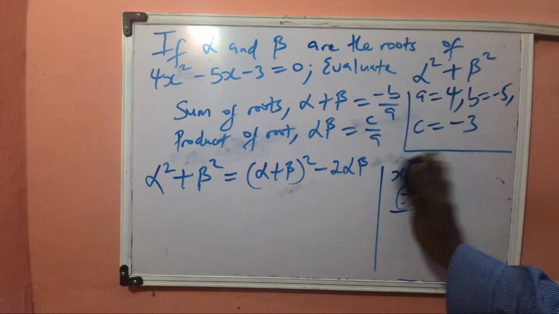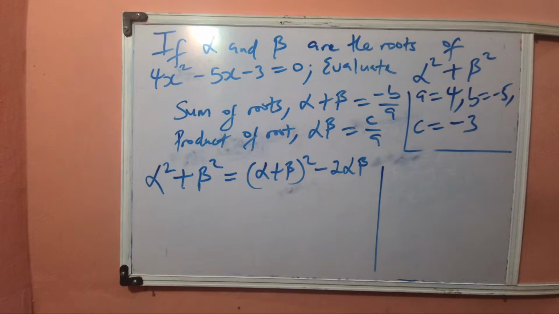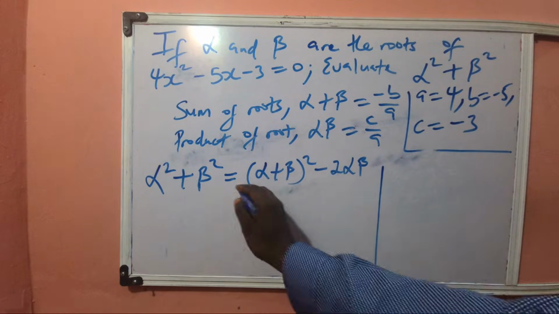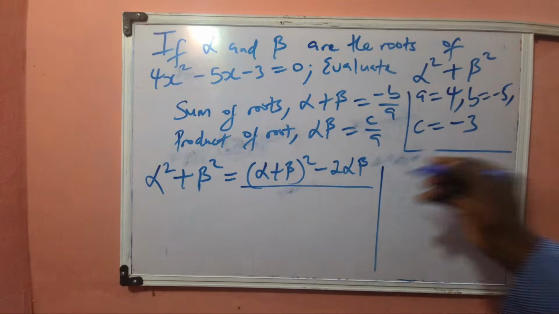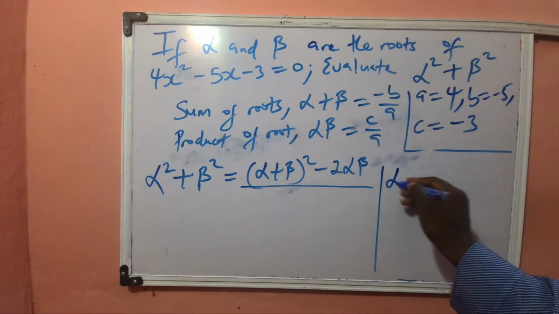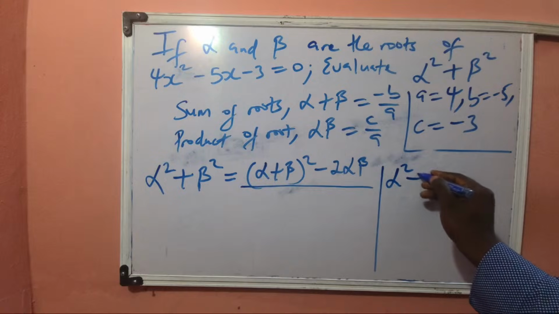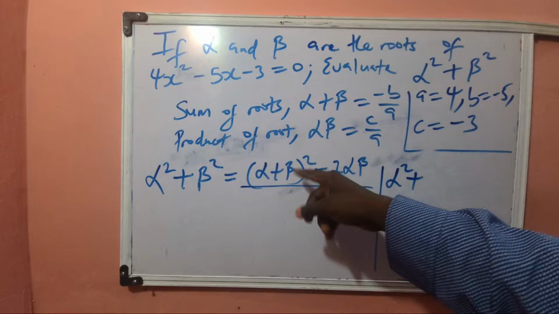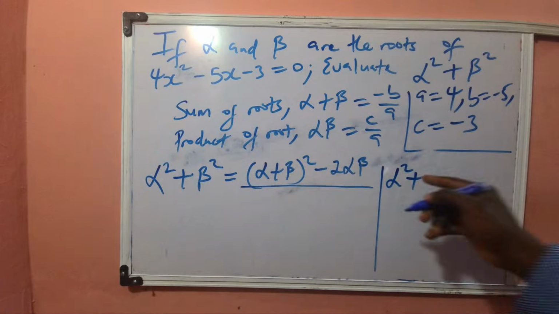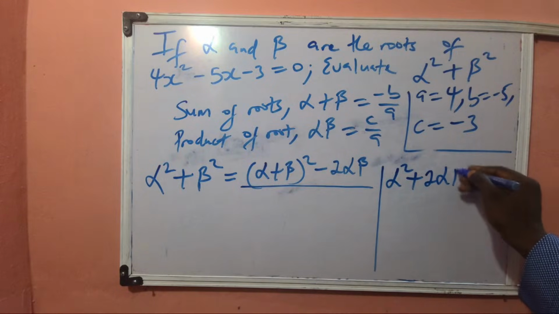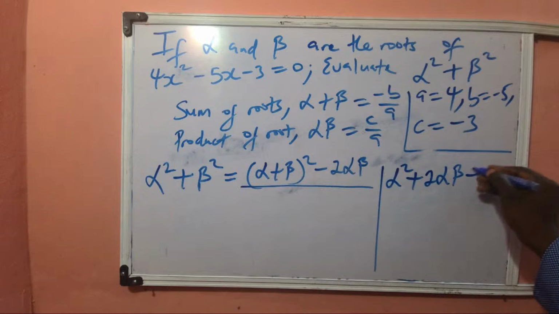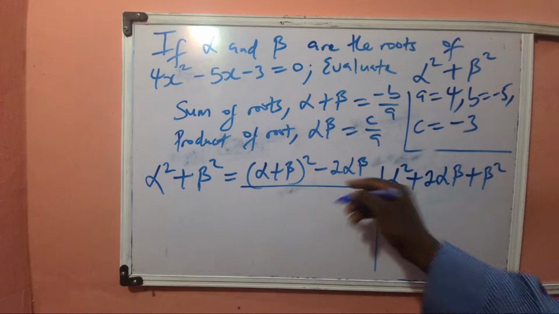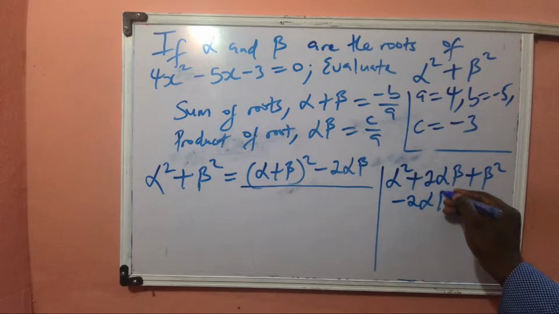If you try what I have on the right-hand side, opening this bracket, you will have alpha square plus 2 alpha beta, then plus beta square, then minus 2 alpha beta.